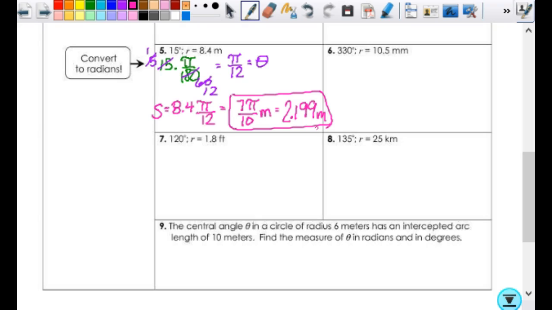All right. Okay, so on number 6, go ahead and get that in radians first. You know what? You wouldn't even necessarily have to do conversions. It's one you should know, right? So think about it this way. What is pi sixths in degrees?